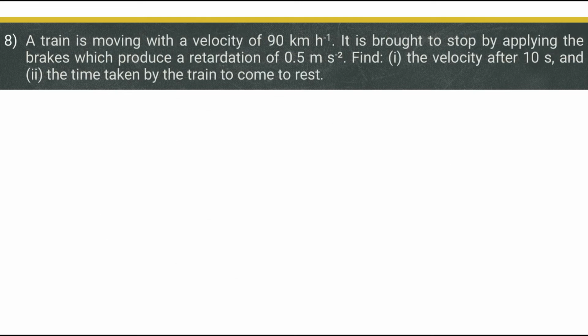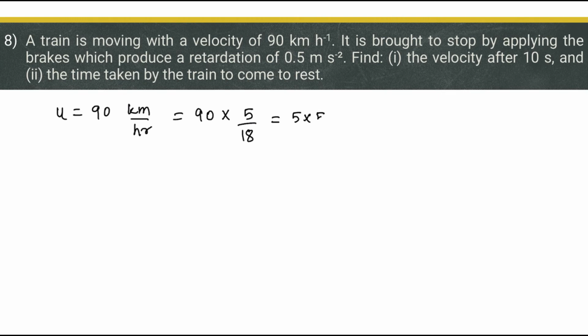Eighth, a train is moving with a speed of 90 kilometers per hour. It is brought to stop by applying the brakes, which produce a retardation of 0.5 meter per second square. Alright, so here initial velocity is given 90 kilometer per hour. To convert into meter per second, multiply by 5 by 18.